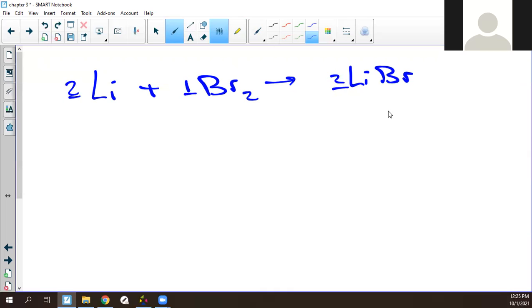So right now, just think about this. In order for this to work, I need twice as much lithium as bromine, right? That's what I need. If I don't, then lithium would be the limiting reactant. If I do have at least twice as much, then the other one would be.